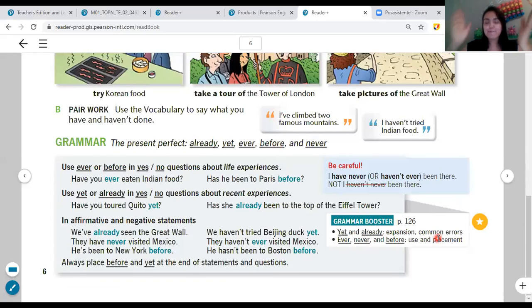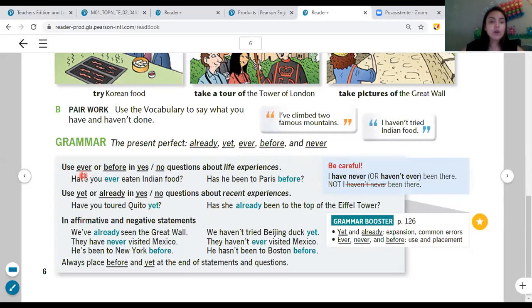Now, again, we have more grammar. Okay. The present perfect. Already, yet, ever, before, and never. And it says, hold on.